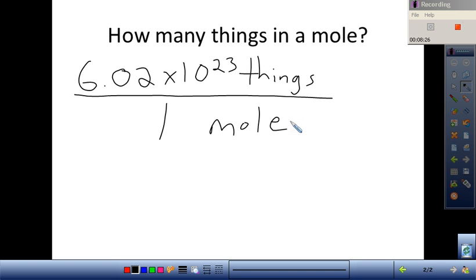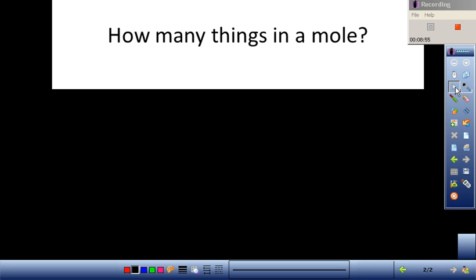That number always is a constant. There's always that many things in 1 mole. That's a very large number, so if you're using that number for things like grams, that's not going to work. You can't have that many grams. You can't have that many liters, but you can have that many things. That's a lot of things, but atoms are tiny, so that makes sense. Okay, that's all we need to know about things.